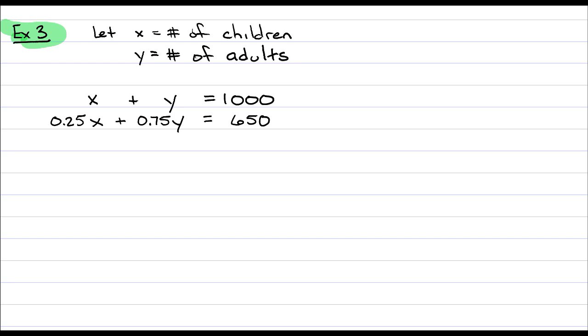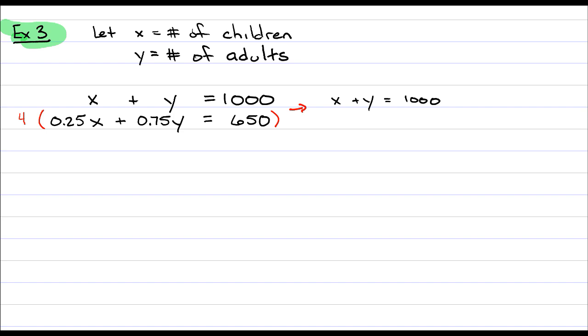To begin with, I'm going to multiply the second equation by 4, just because that will let me get rid of all the decimal numbers in this system. So if I multiply that by 4, I end up with X plus Y equals 1,000.